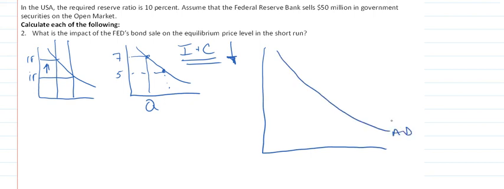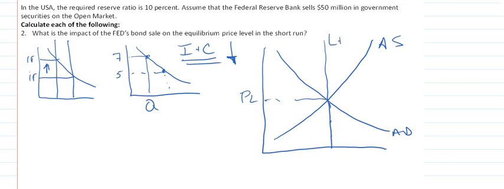We have aggregate demand, aggregate supply. Here's our price level. Here's our, and we'll just put our long run here. So we know we're going to have a decrease in aggregate demand, right?